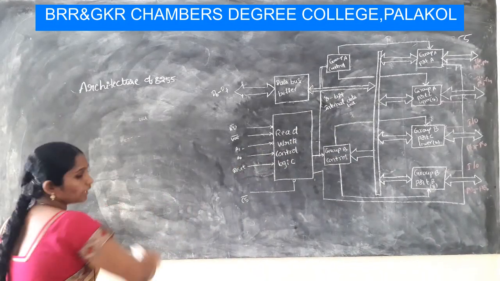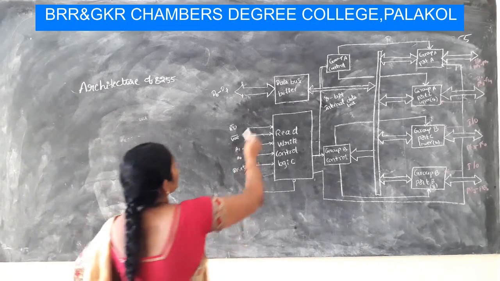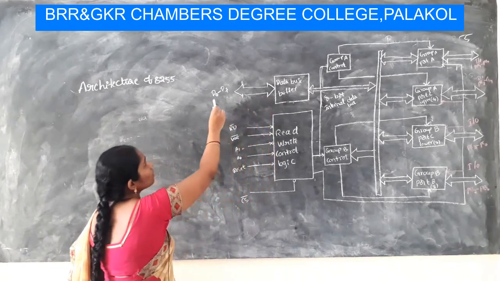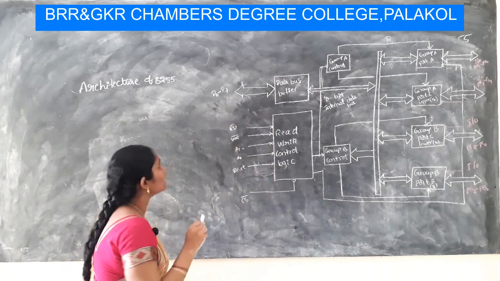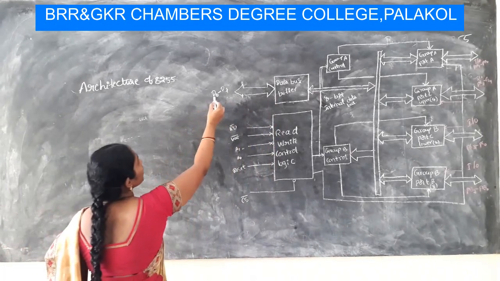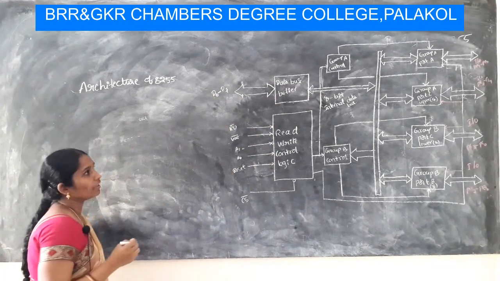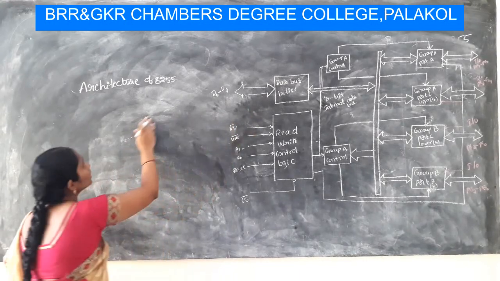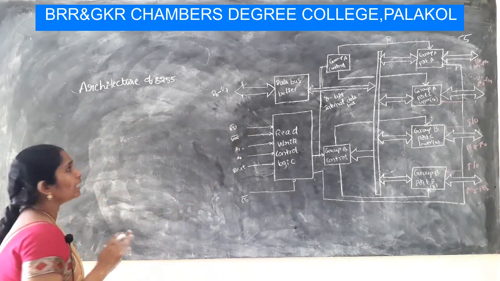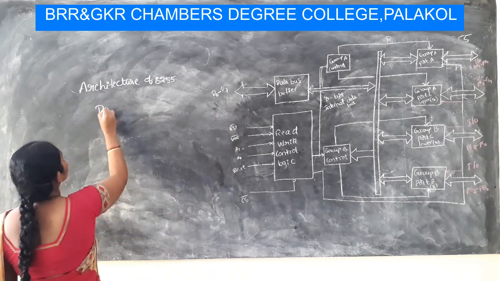Here this is the data bus buffer. The data bus buffer has 8 lines, from D0 to D7, and it is a bidirectional data bus.